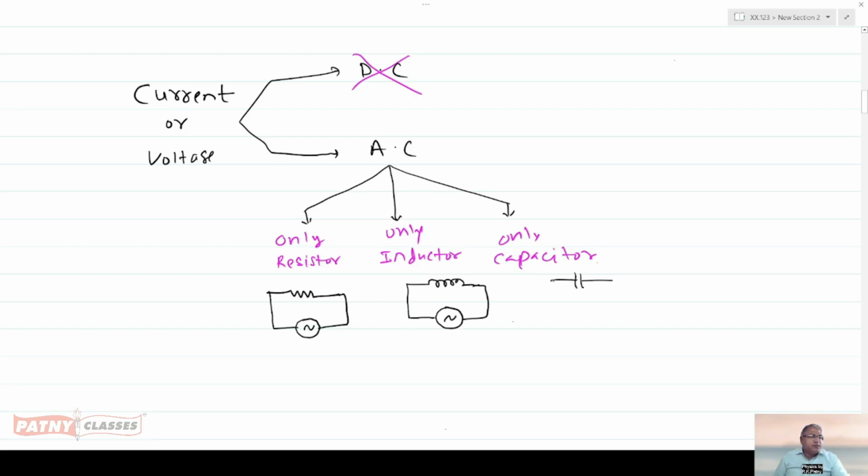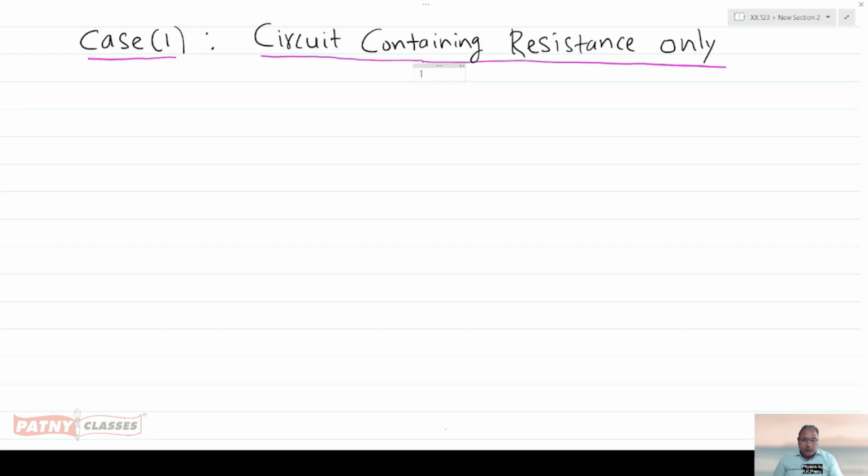In the third case, a single capacitor is connected across the AC supply. So in today's video, I am going to talk about three cases: the resistor connected across AC supply, a single inductor connected across AC supply, and a single capacitor connected across AC supply.